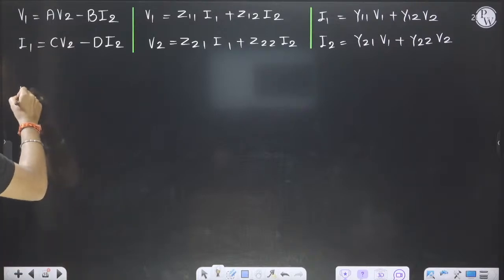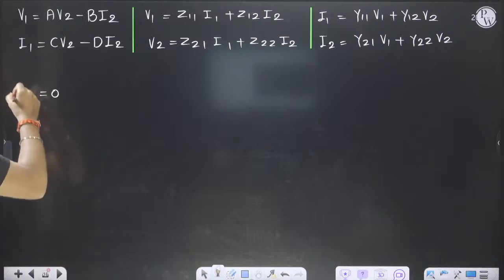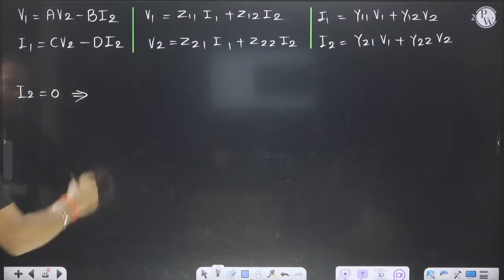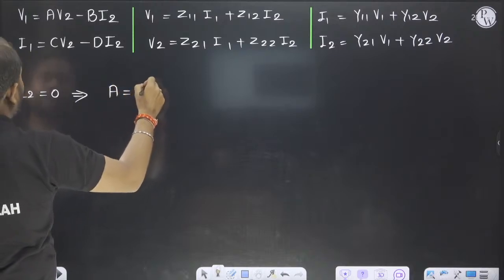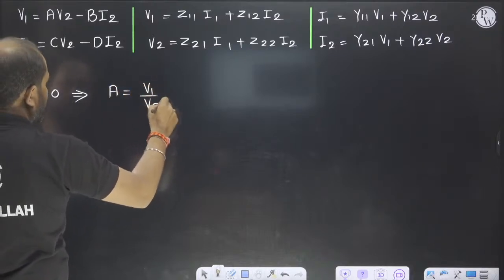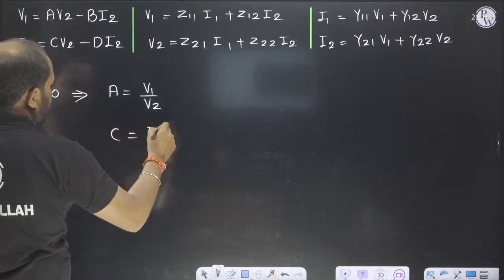I2 is equal to 0, open circuit. So it will be A, which is V1 upon V2, and it will be C, which is I1 upon V2.